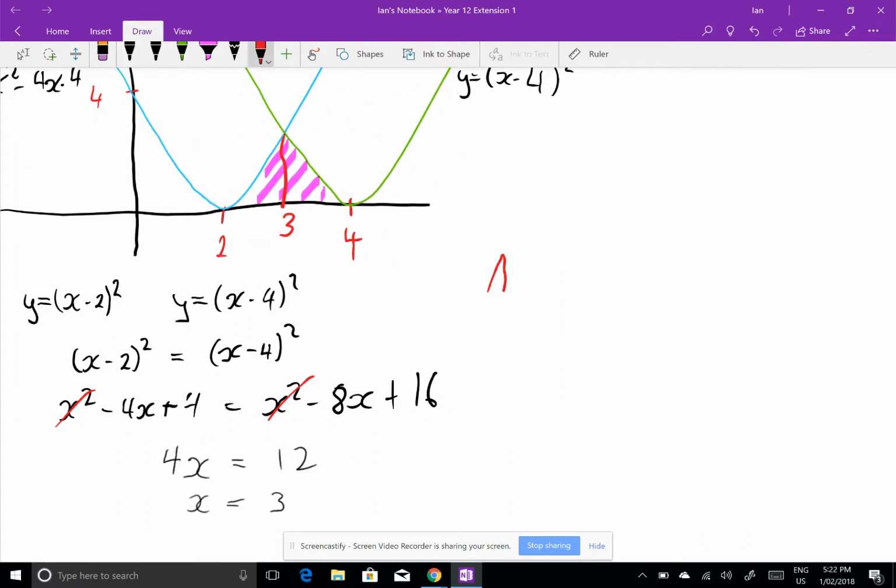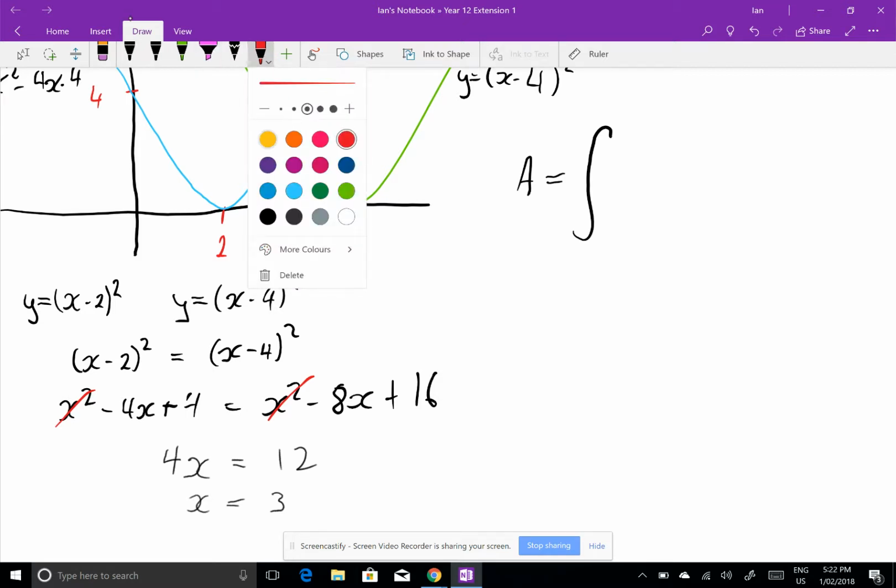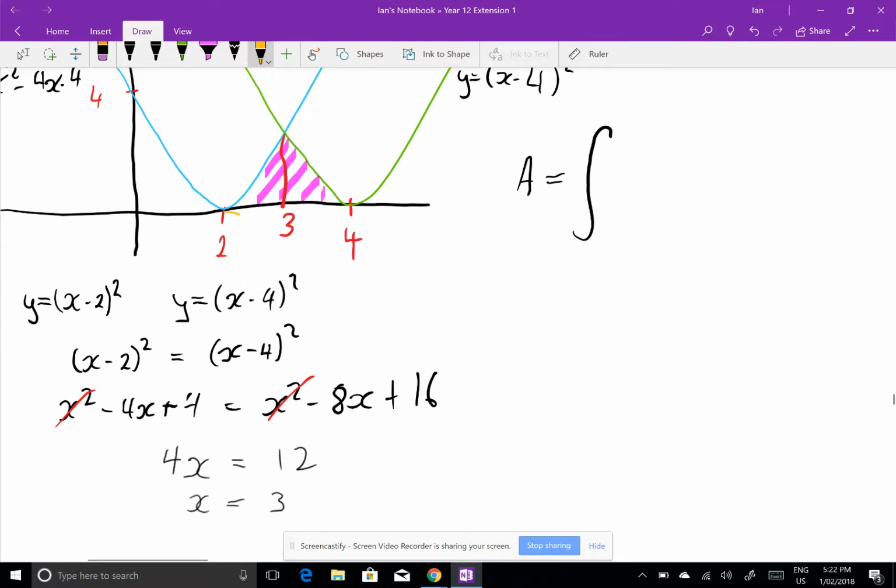The area, set up your statement, is equal to the area under the blue bit from here to here, plus the area under the green bit from there to there.